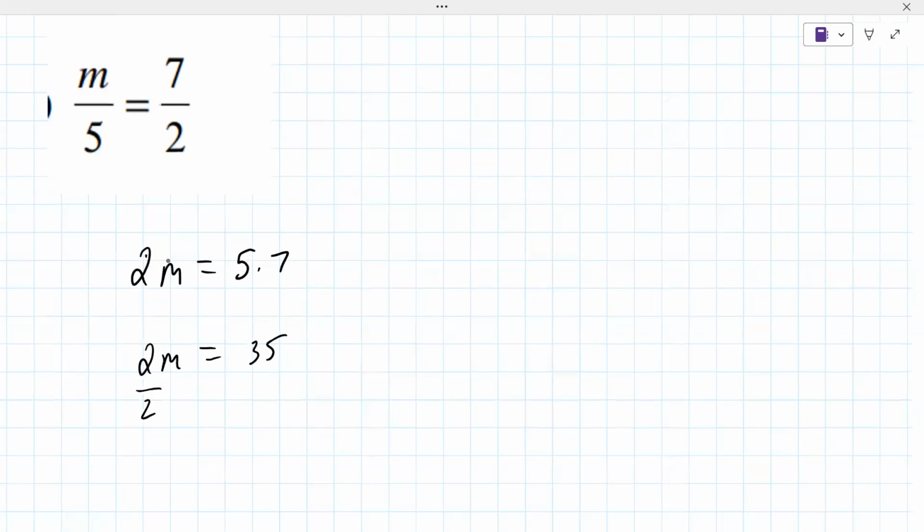And so you then divide both sides by 2. We get 35 divided by 2, which is 17.5. So m equals 35 over 2, or 17.5. Or the way it was written there is okay as well.